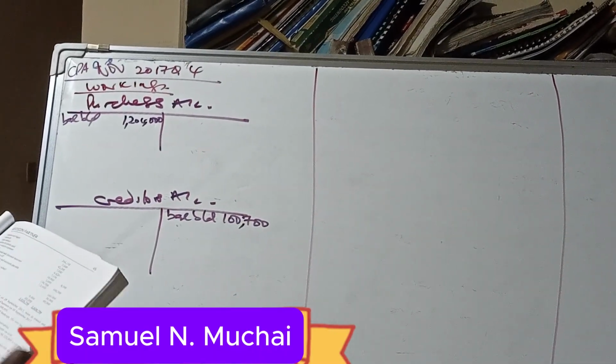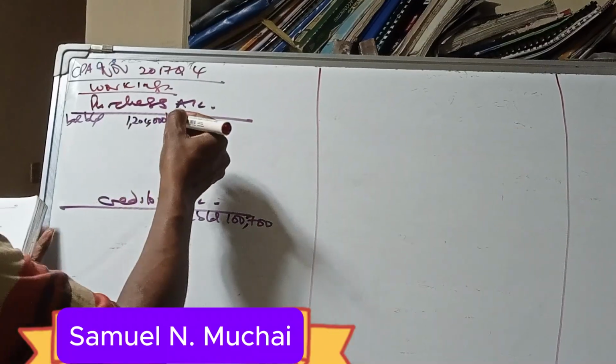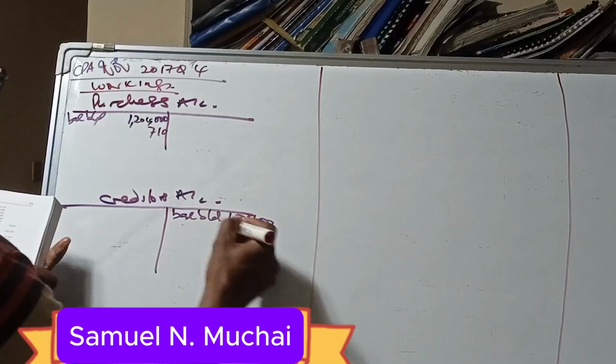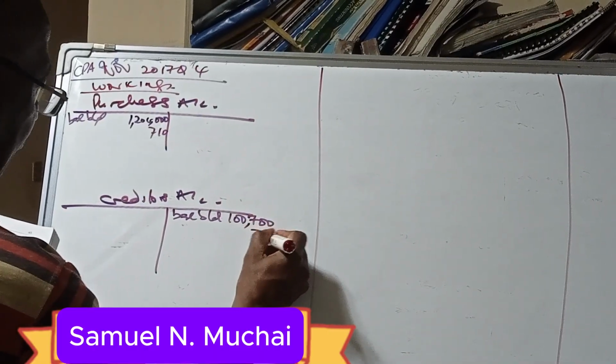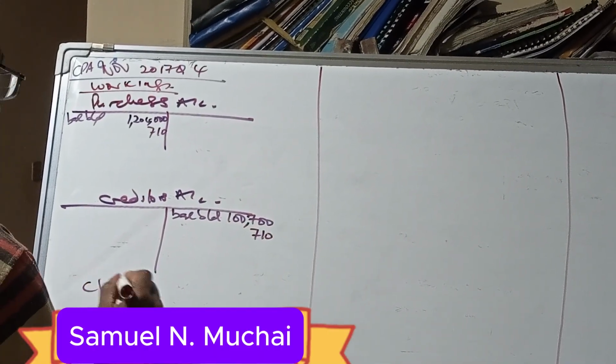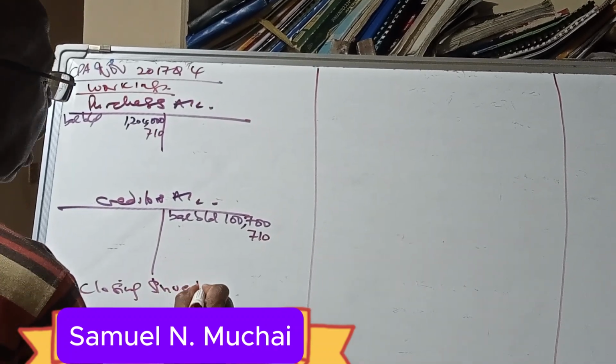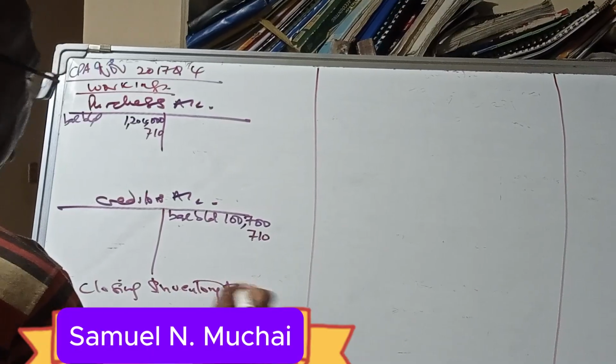And we are told our purchases are increasing with 710. We have not recorded it, so we record 710. And our liability is increasing with 710. And also our closing inventory. We never sold it. Our closing inventory is also increasing.